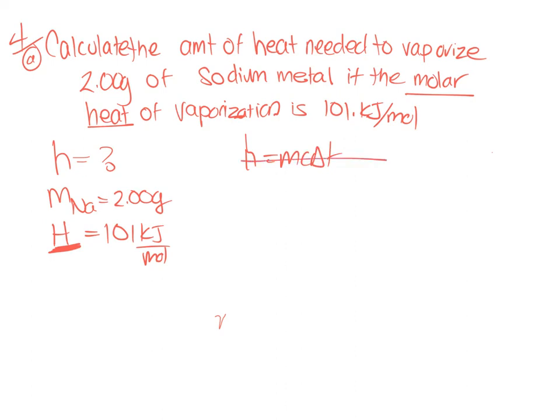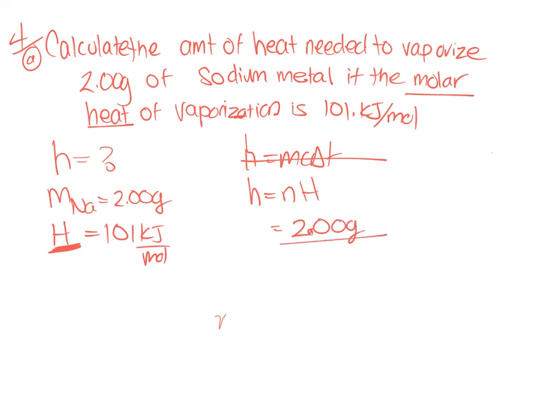Nor is any of the ones that we looked at for calorimeter, because they would all be in a calorimeter and something has to be losing and something has to be gaining, and this one doesn't say anything about that. So that leaves only this formula left. So we take the mass of sodium, which is 2 grams.